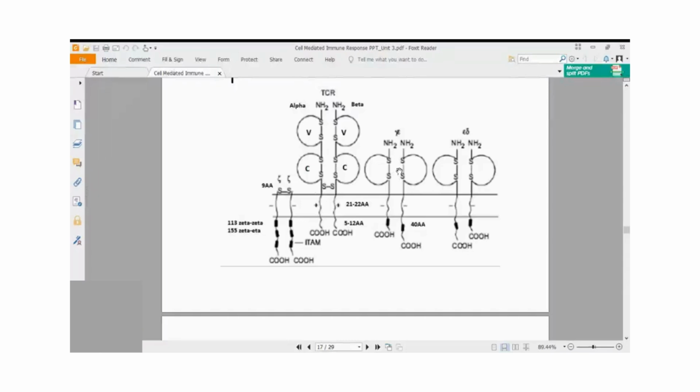Now, the TCR CD3 complex, which is present there, all of them will be involved in receiving the signal of the antigen. The difference between the CD3 complex and the TCR is that the gamma epsilon and epsilon delta do not have the variable region domain separately.